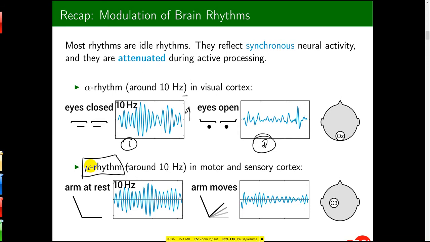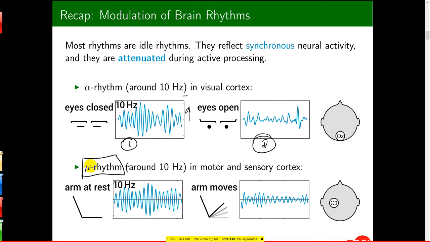Interesting enough, this kind of suppression not only happens when we move our arm, but also when we think about moving. If I imagine doing that, the same suppression happens on the sensorimotor cortex. You just imagine some motion, and there is a pattern or brain rhythm modulation that can be used to detect brain state.